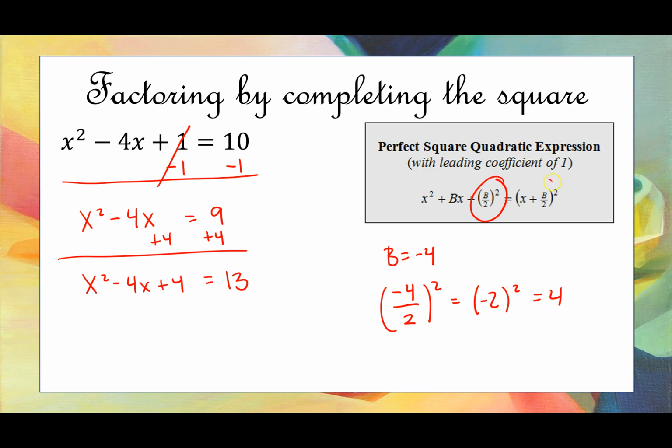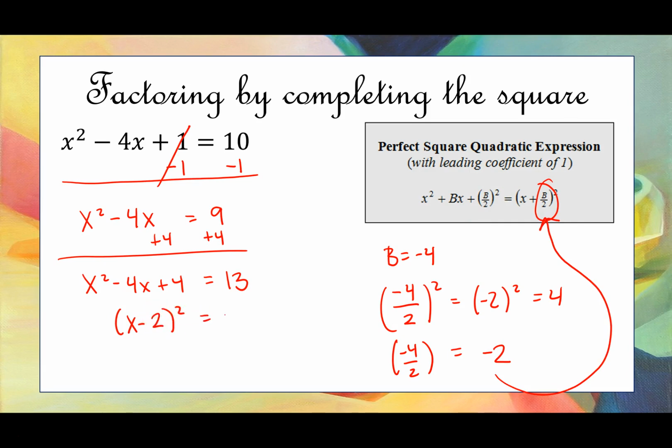Okay, now I need to identify what b over 2 is. That's going to be negative 4 over 2, which is equal to just a plain old negative 2. So now I'm going to factor it by taking that negative 2 and putting it right there. So I'll have this whole thing as x minus 2 squared.